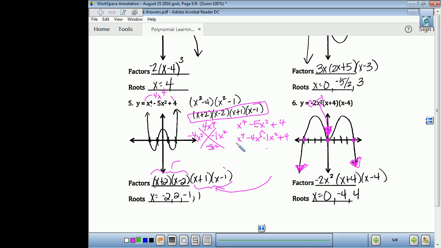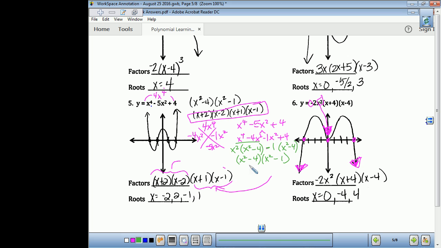Okay, if we look at the first two, we pull out an x squared. And when we do, it leaves us x squared minus 4. So here I want x squared minus 4, so I have to factor out a negative 1. So this gives me x squared minus 4 times x squared minus 1.